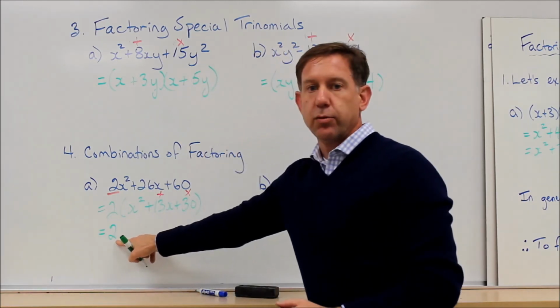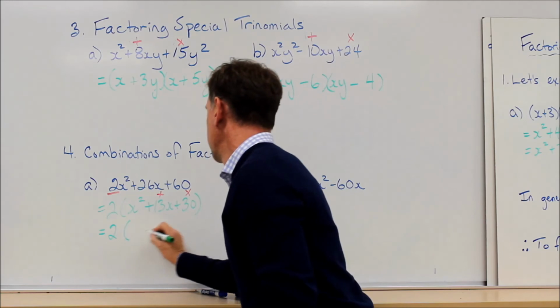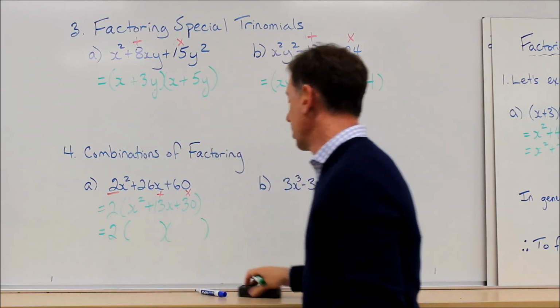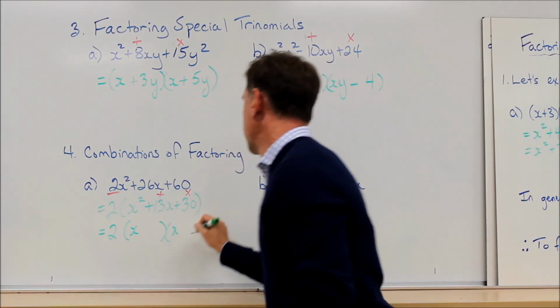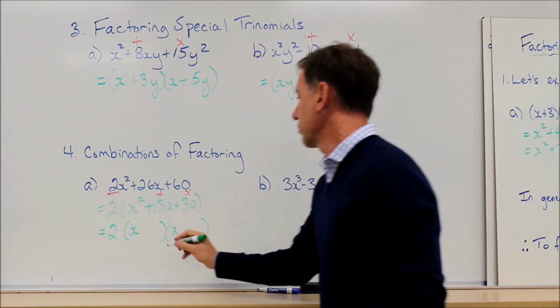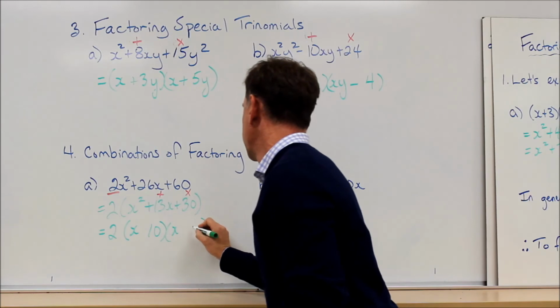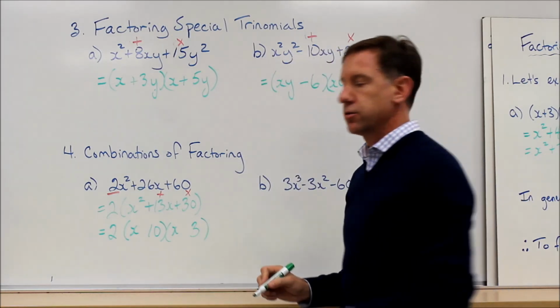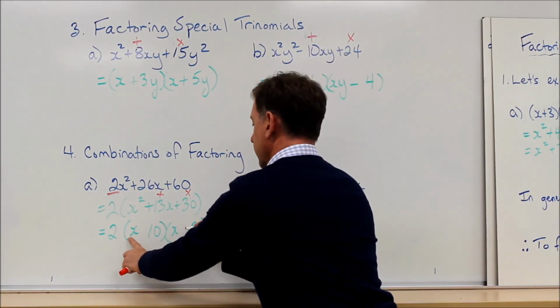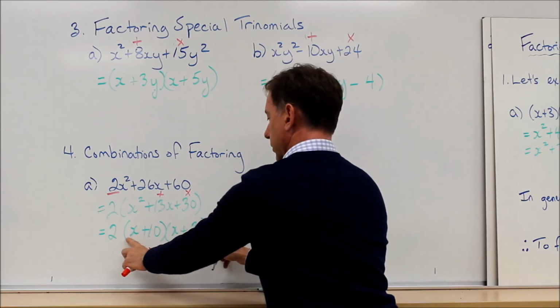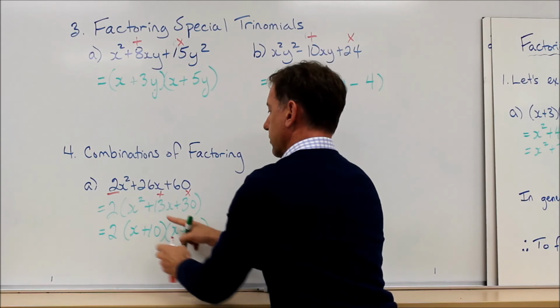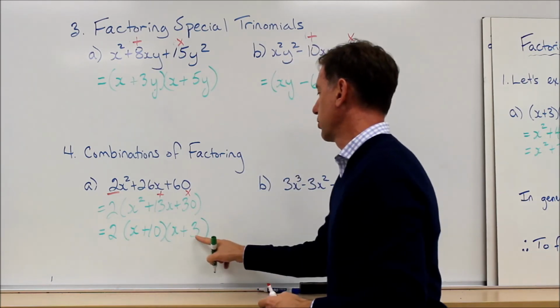Just copy the 2 down that we've already common factored. Write your brackets. X is at the beginning. Numbers that multiply to 30 that add up to 13 would be 10 and 3. And the signs should be 3x on the outside, 10x on the inside. 3x plus 10x is 13x, and 10 times 3 is 30.